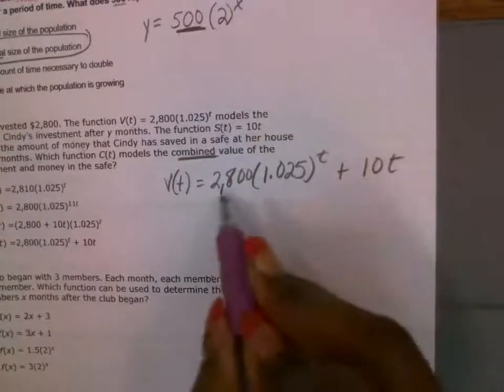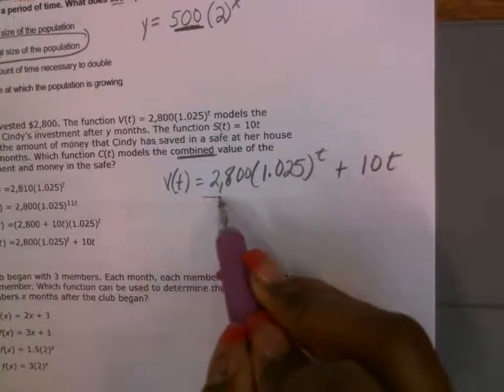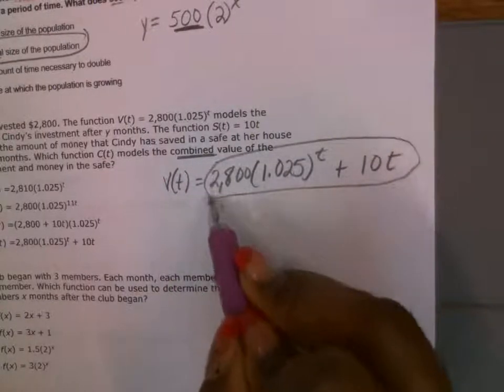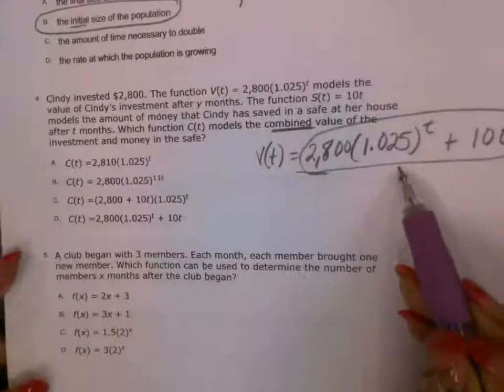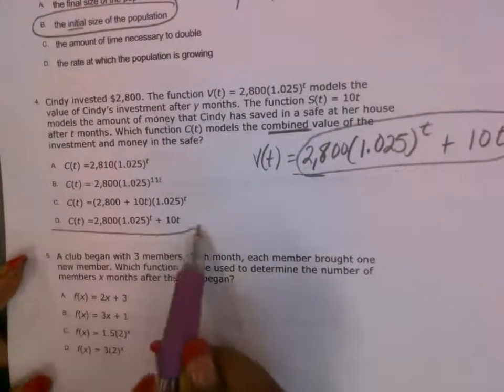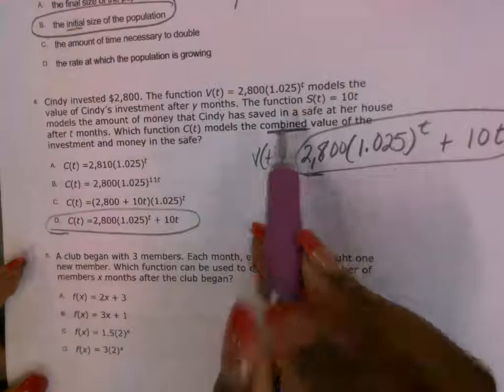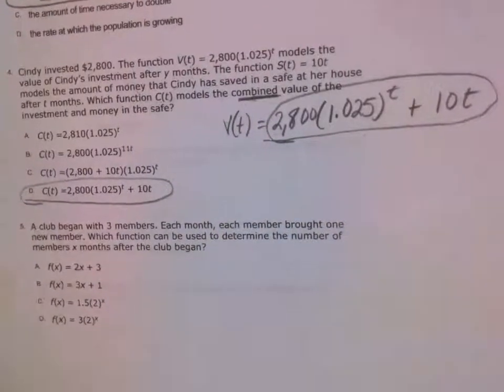We can't combine any of these terms together, so this is the combined amount here. Okay, and so that's going to be D. All we're doing is just adding them together. Any questions about that?